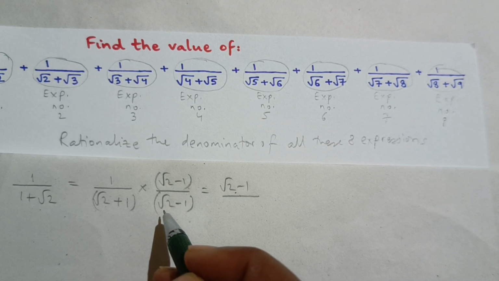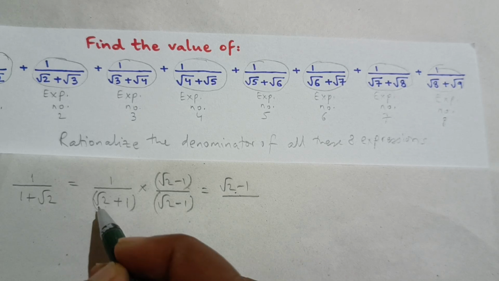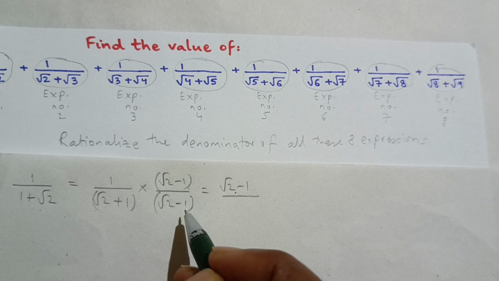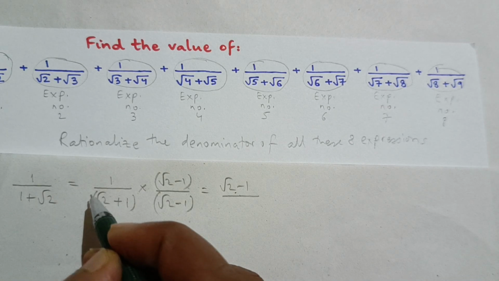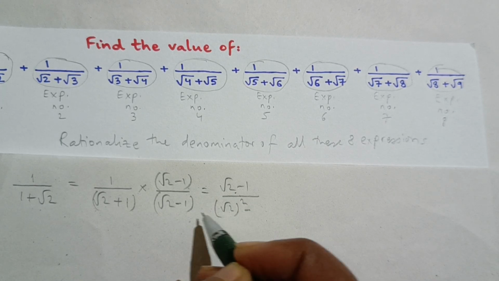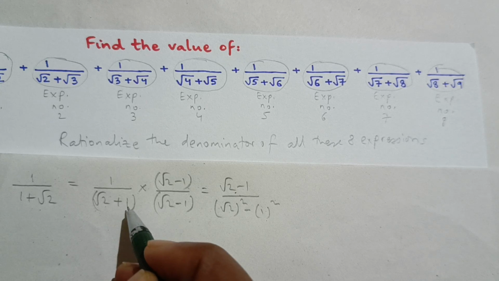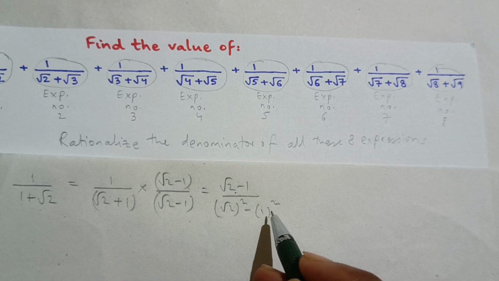And a plus b multiplied by a minus b is a square minus b square.